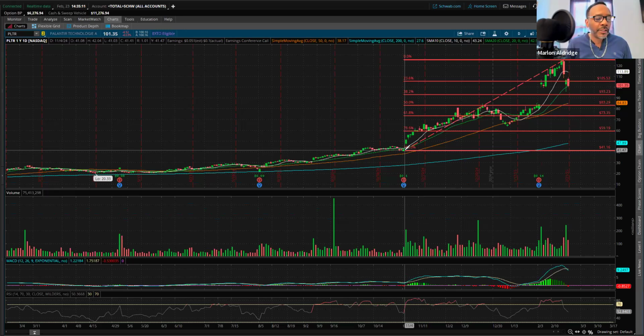At least at this point, we aren't in a recession. There's no indication that we're headed toward a recession. So I'm making the determination that Palantir will not go back to $41.16, even if it had bad earnings or some bad news. It's not going to drop that much.